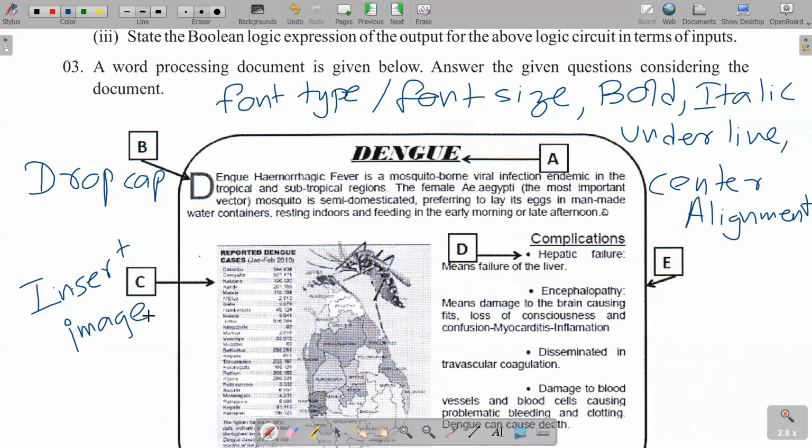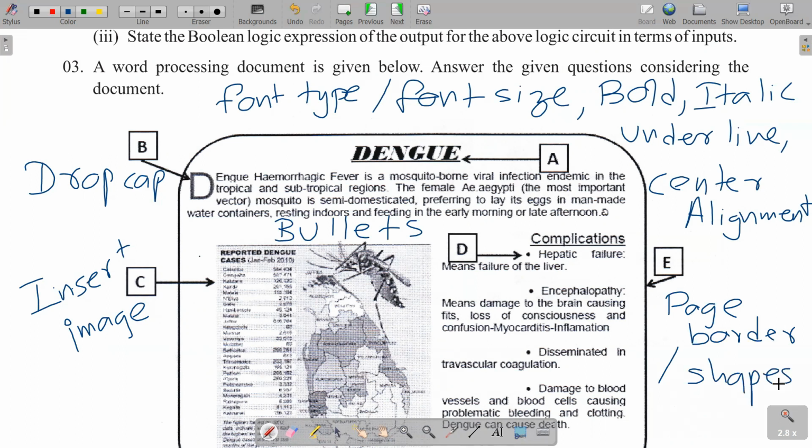And for D, it is bullets. For E, you can say either a page border, or else you can say shapes. Right, so if you have given those answers, you are given another 2 marks.